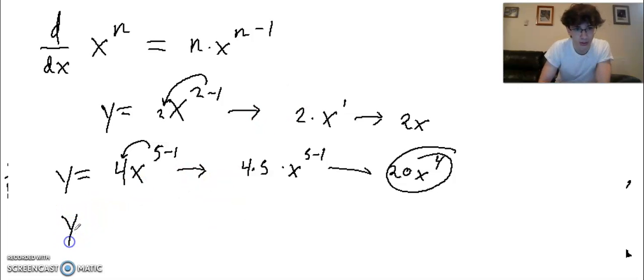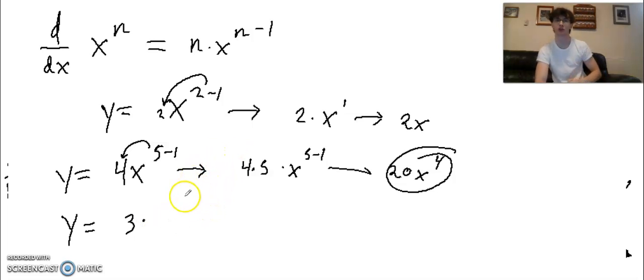Let's just do y equals 3. You may be wondering, there's no x in here. Well, what we can do is multiply this by 1. This is also a quick little proof. We can multiply this by 1, and anything to the 0th power is 1.